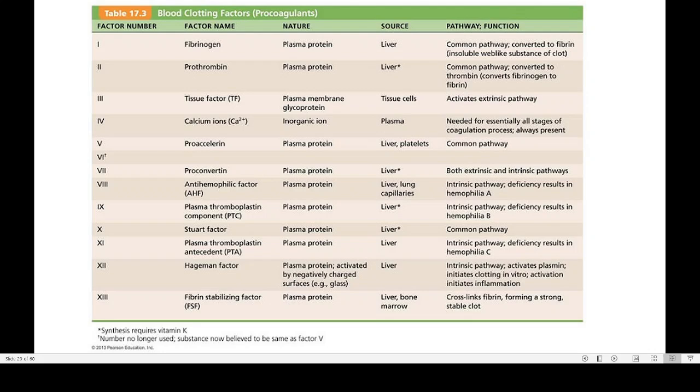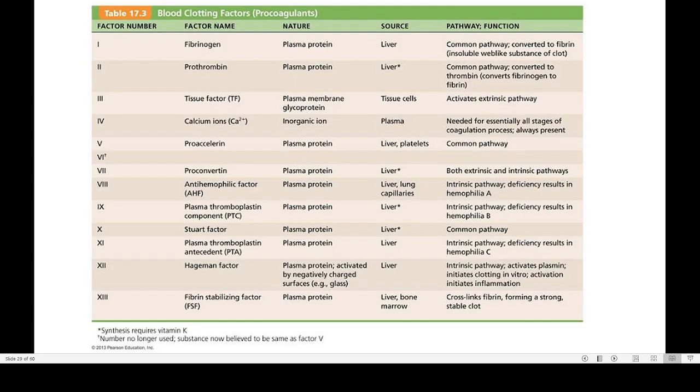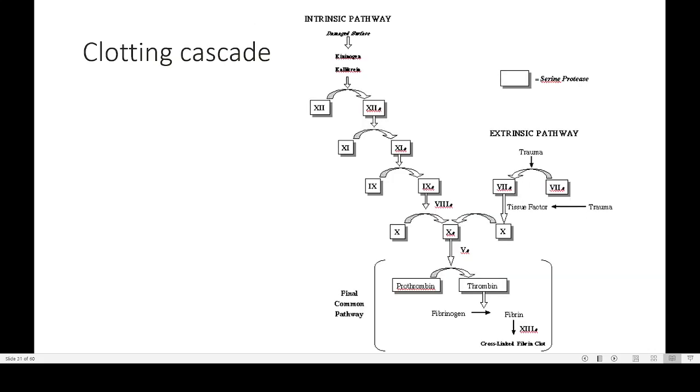When activated, that will activate plasma thromboplastin antecedent. Then this 11th factor will be working on the 9th factor. The 9th factor will be converted into the active form of the 9th factor. This 9th factor is the plasma thromboplastin component, PTC.